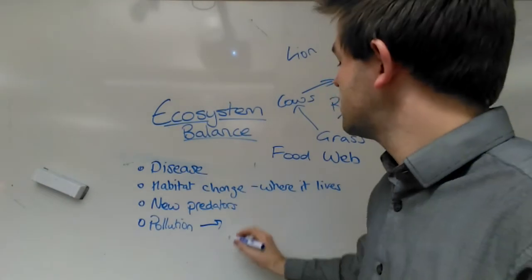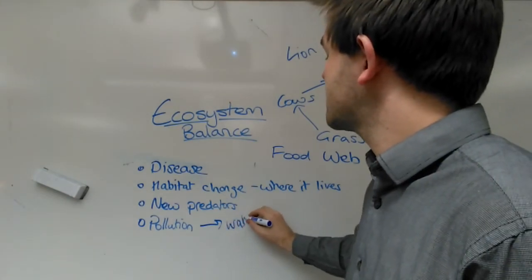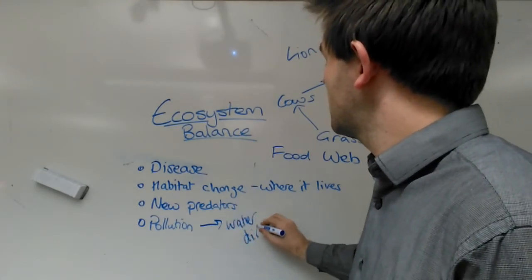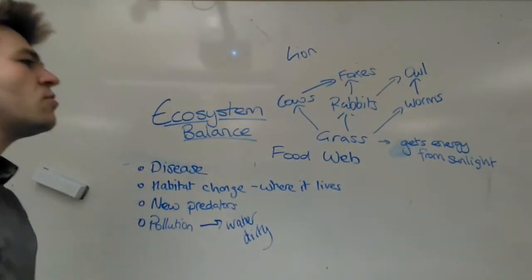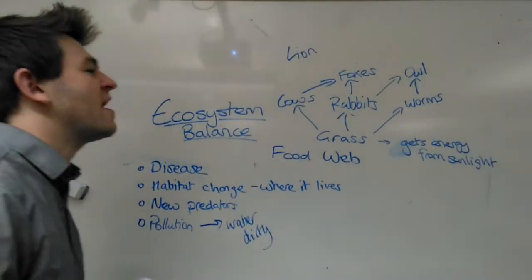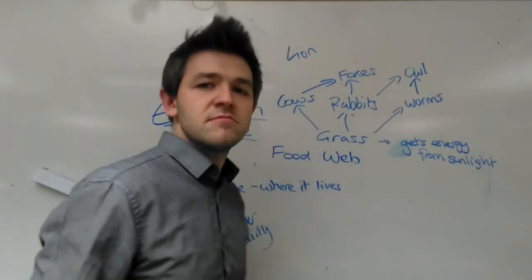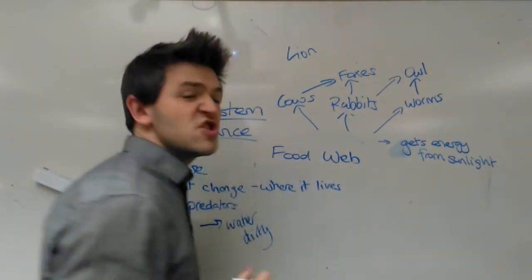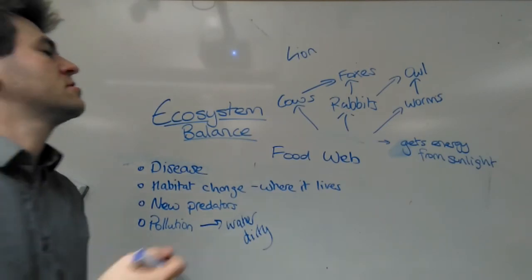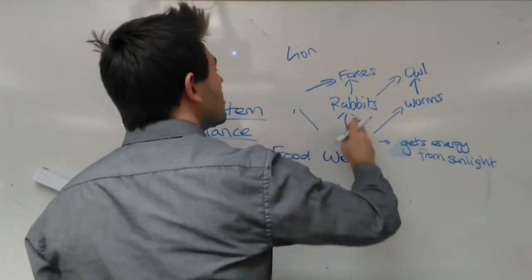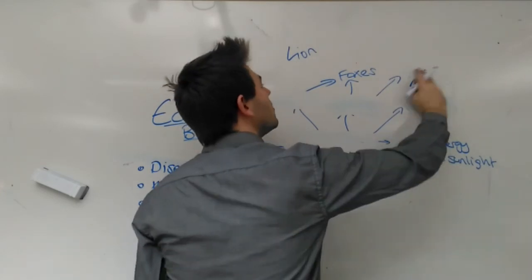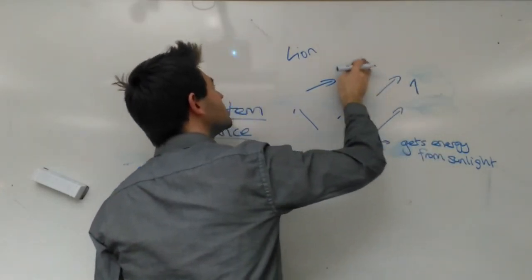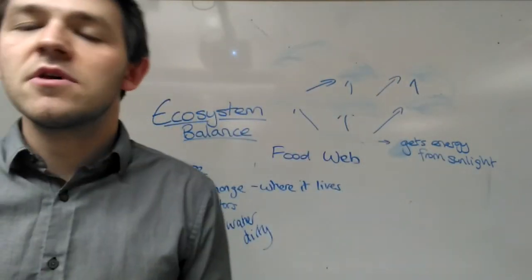If our pollution, for example, makes the water dirty, then that dirty water may infect all the grass. There's no grass, no cows, no rabbits, no worms, no owls, no foxes, no lion.